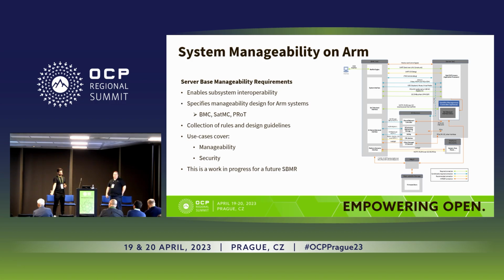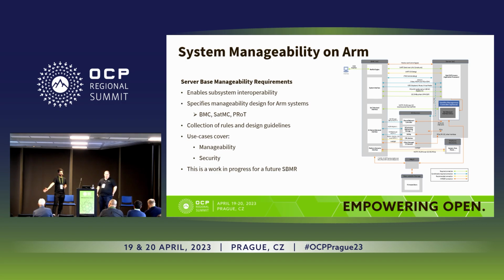To facilitate the interoperability story, ARM has introduced the Server Base Manageability Requirements. This is a set of rules and design guidelines that will help you get all these different subsystems talking in a coherent manner. So on the right, you can see the different diagrams, one for each level of SBMR compliance.